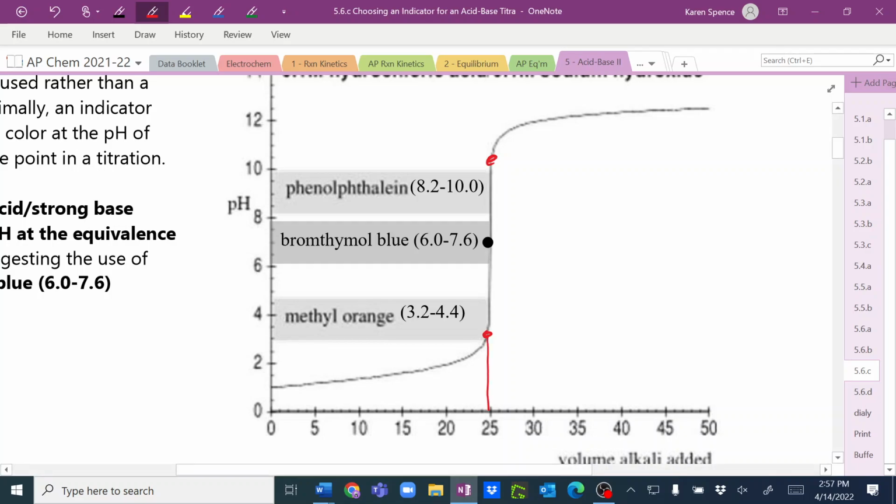It's still going to tell you that the volume is 25 milliliters to get to the equivalence point. So you really want to make sure it changes color within the vertical range, okay? So the indicator must change color within the vertical part of the graph.